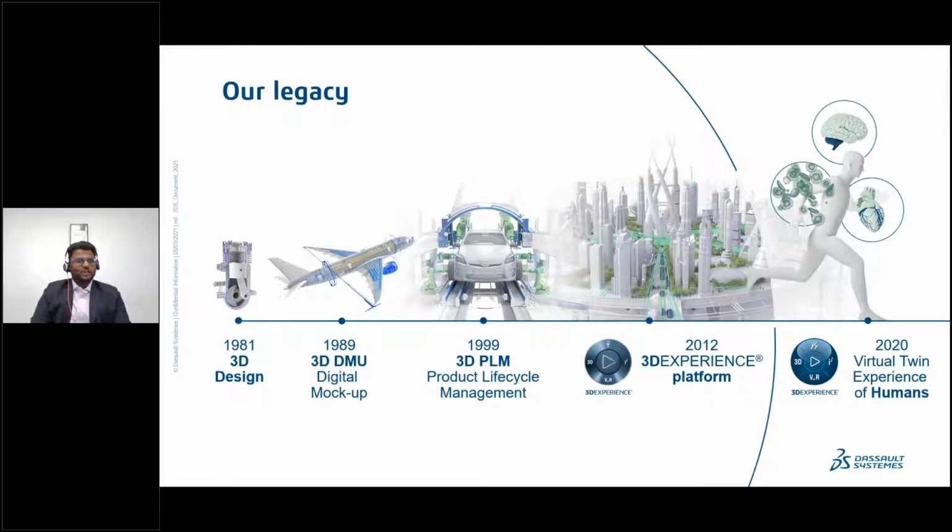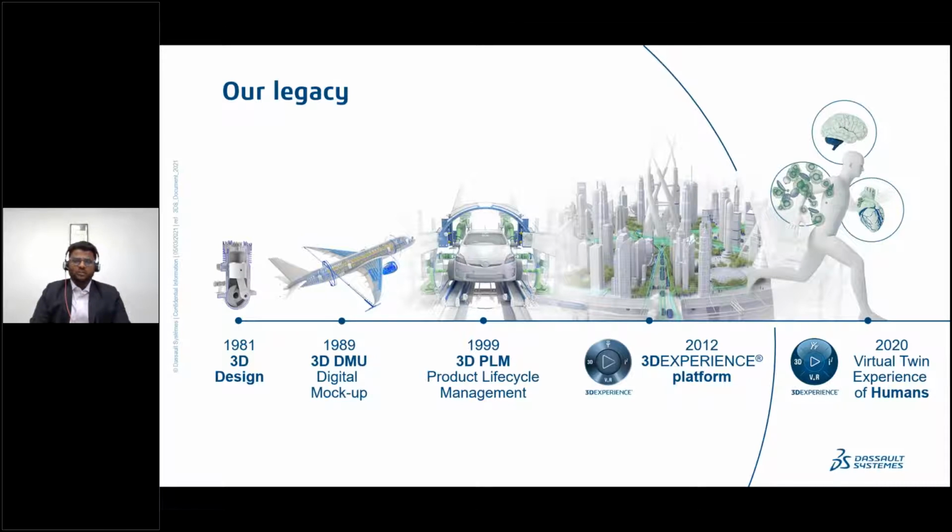A bit more about our legacy: we have a very well-proven track record in this industry. We started back in 1981, and the majority of customers who started using our CATIA solution did so in that decade. Eventually we expanded our solutions, and the first entire digital mock-up of an aeroplane, done in collaboration with Boeing, was built on CATIA back in 1989.